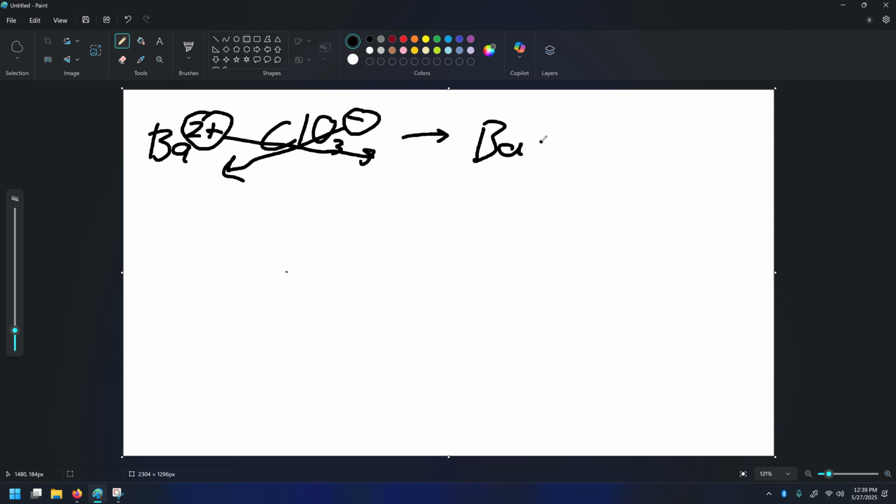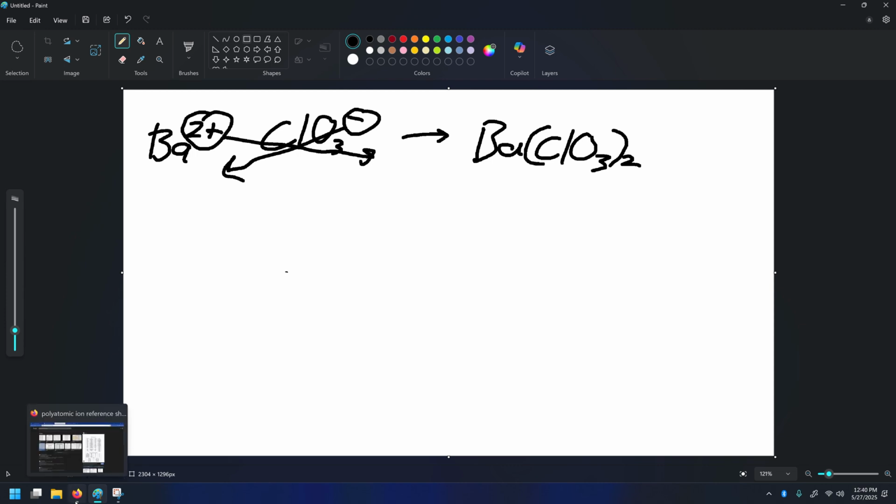Because there are multiple polyatomic ions, I do use the parentheses here. So I'll open a parentheses, write ClO3. That all stays together as the polyatomic ion. I close my parentheses, and then I say how many of that polyatomic ion there are. There are 2 chunks of the chlorate attached to this 1 barium.